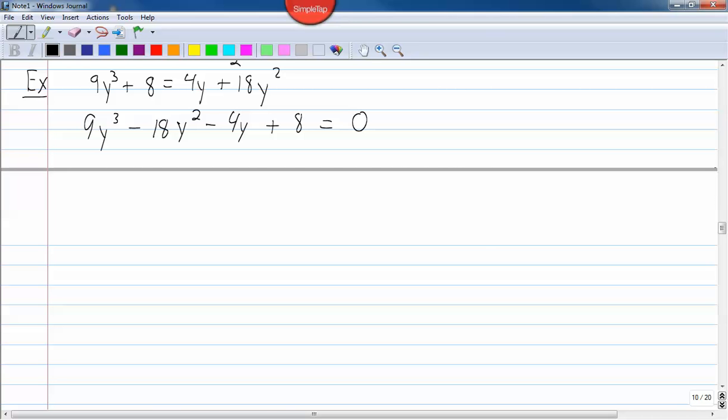And notice that they're all now in order, highest power to no power. Now, group the first two terms together, factor out the greatest common factor. Group the second two terms together, factor out the greatest common factor. So that's 9y squared times y minus 2.